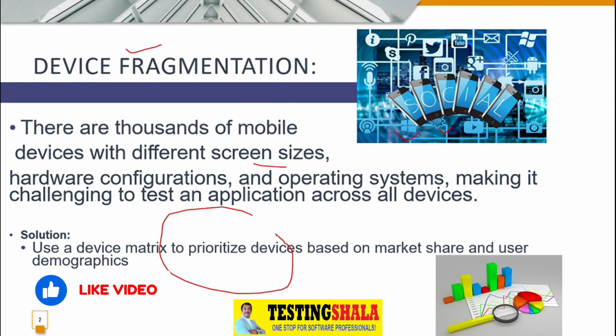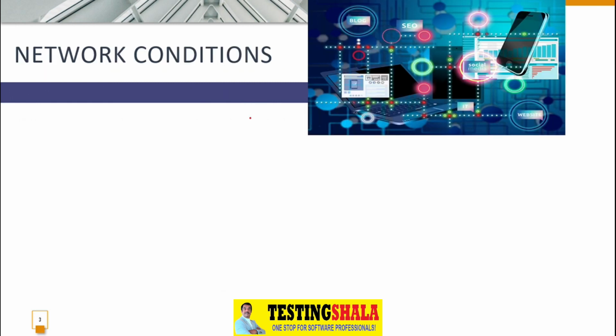If we do some research on who our end customers will be, based on that we can prioritize the devices which we are going to test based on the market share in the current region where the customers reside. Like in the US, most of the people use iPhones. If you are talking about India, most of the people use Android mobile phones. So based on that prioritization, we can get rid of these device fragmentation challenges.